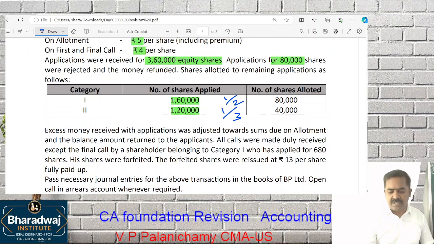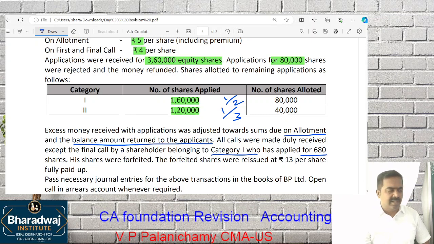Excess money is adjusted with which one? Sum due on allotment, and the balance amount is returned to the applicants. All the money was fully received except the final call by a shareholder belonging to Category 1 who applied for 680 shares. Of course, surplus will be there only till allotment.